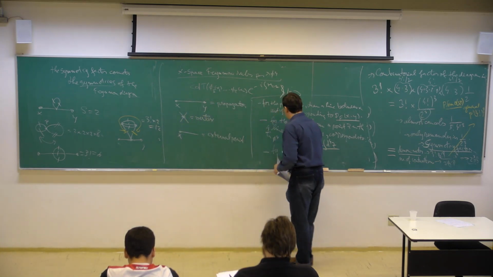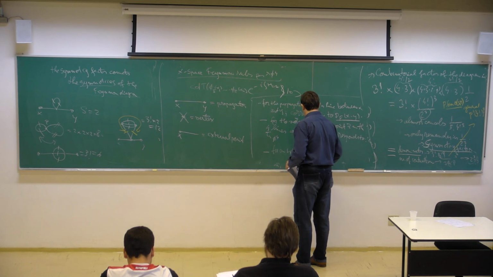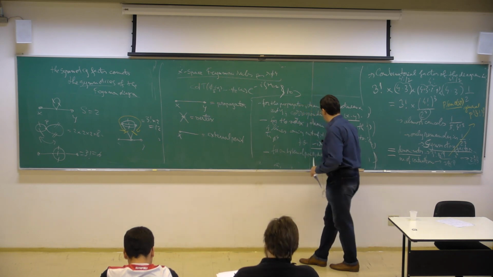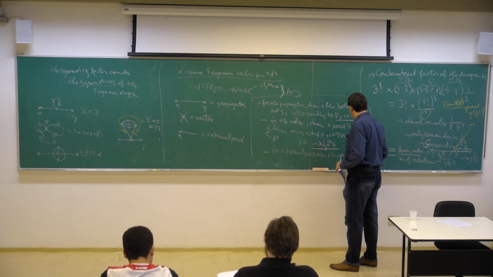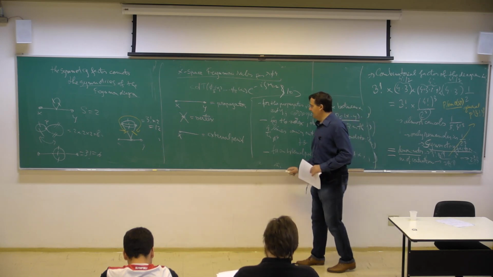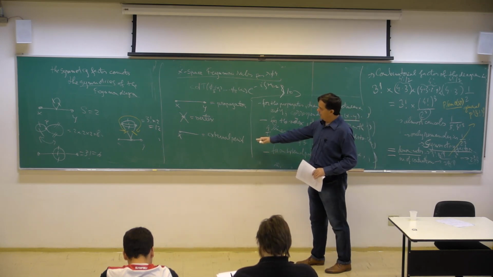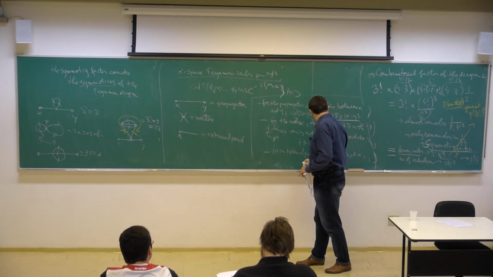And now this thing is kind of trivial here, but we'll write it anyway. So, for an external point, draw a line ending at x. And then, in this case of x space Feynman rules, for the correlator, the external line is just 1, there's nothing.